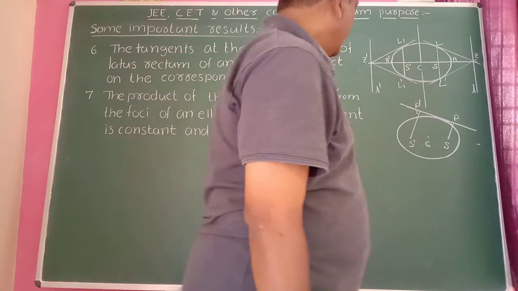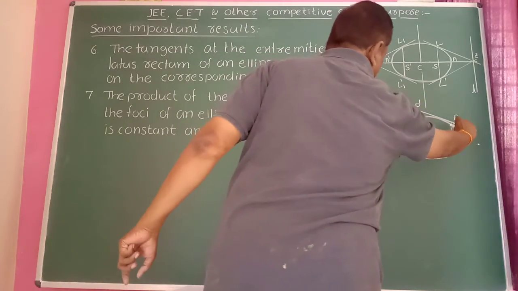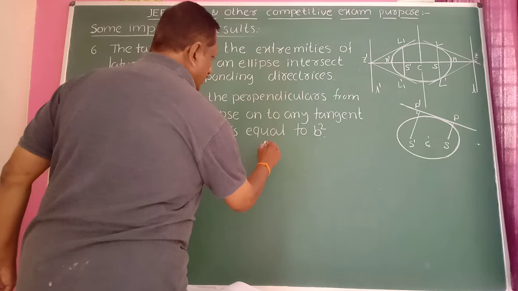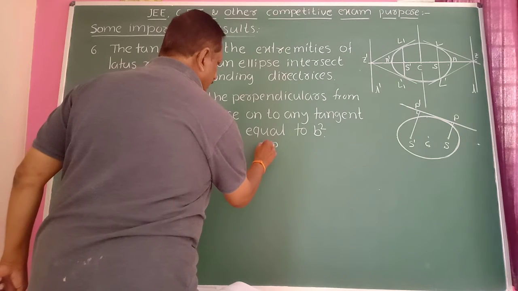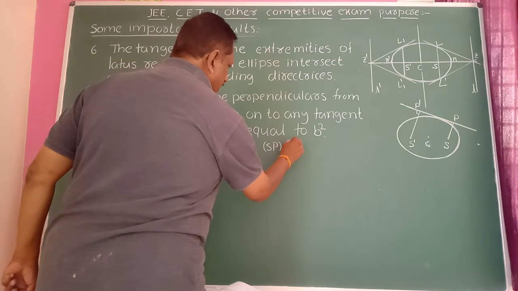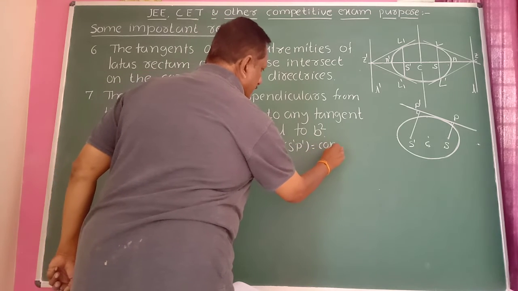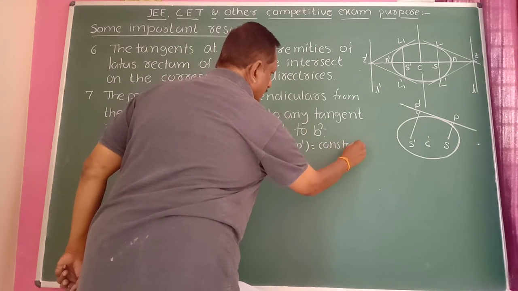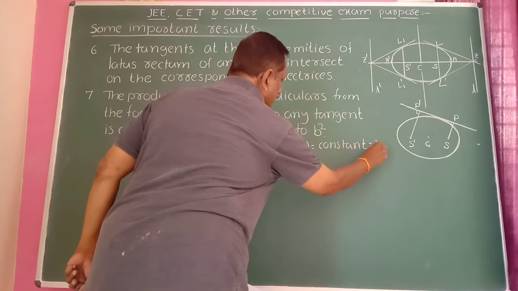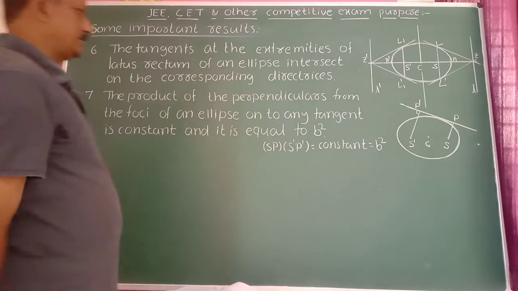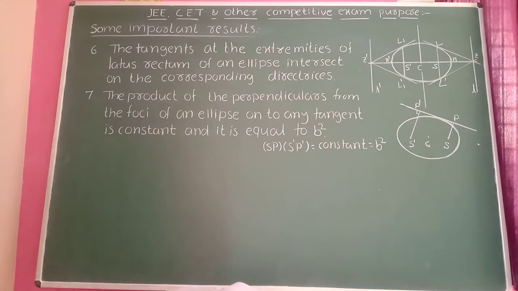Then the product SP into S dash P dash is equal to a constant, and that constant is equal to b square. This is the property of the ellipse.